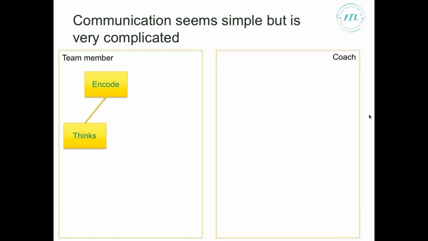It might be words that are encoding some thoughts, but also there's body language in there. Is that person looking at me as a coach, or are they looking away? Are they slumped down, or are they stood up? Are their arms crossed and defensive across their tummy, or do they have an open posture?